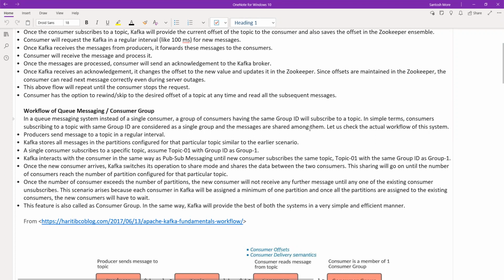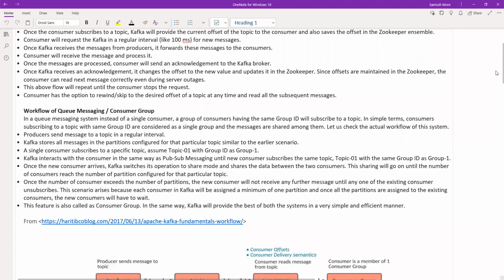A consumer group is not a separate entity as such; all the consumers that have the same group ID form a consumer group.